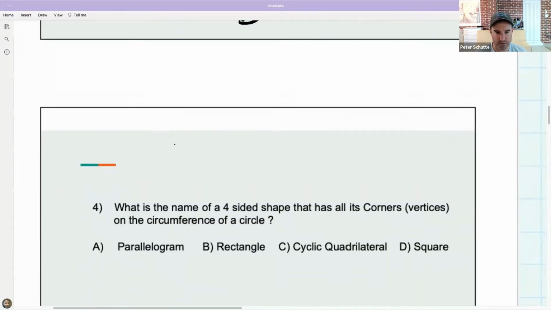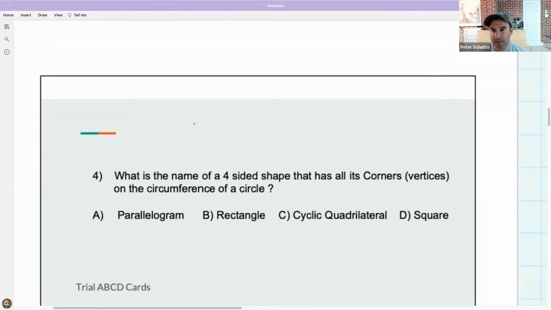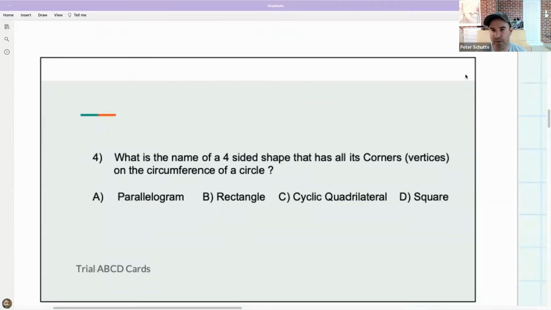Let's do another question. And some of this vocabulary may be new to you, and that's the point of today. What is the name of a 4-sided shape that has all its corners or vertices on the circumference of a circle? And I want you to vote, even if you don't know for sure, which one do you think it is?